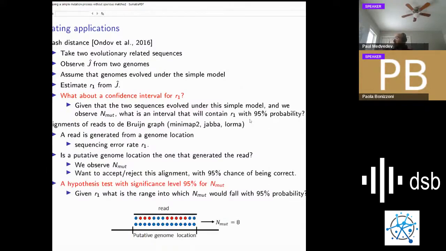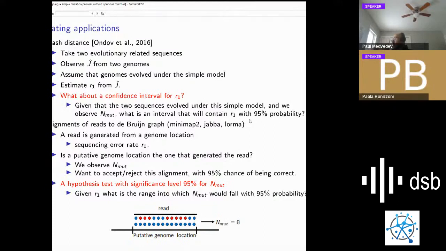Here's another application, and this is in several papers in one form or another, where we have alignment of reads to a reference, and the reference is the de Bruijn graph, which means that we're not looking at nucleotide matches, we're looking at kmer-based matches. In this model, a read is generated from some genome location, and again, we can take this simple model as an approximation of the sequencing error rate that's introduced.